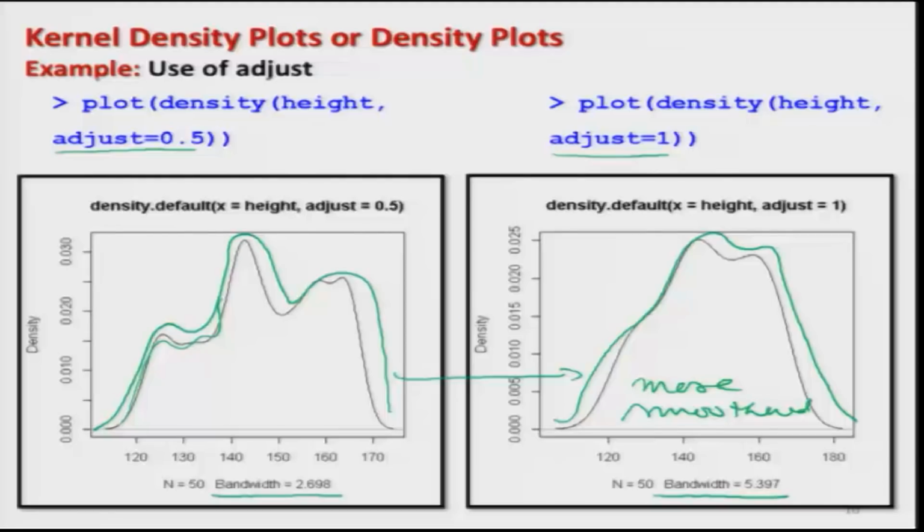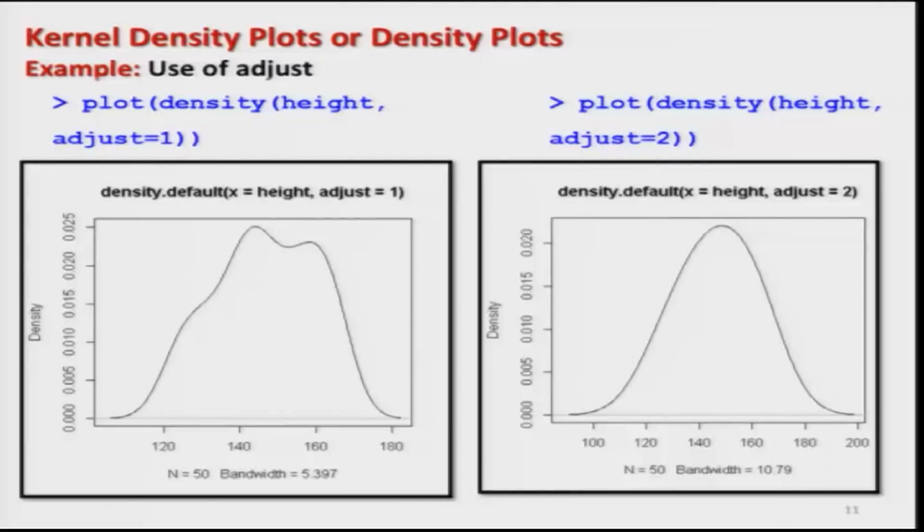For that, try to create a histogram, look into your experimental data, and try to choose certain values of adjust and plot your curve. Whichever curve represents the situation in a more authentic way, more honestly, choose that value of adjust.